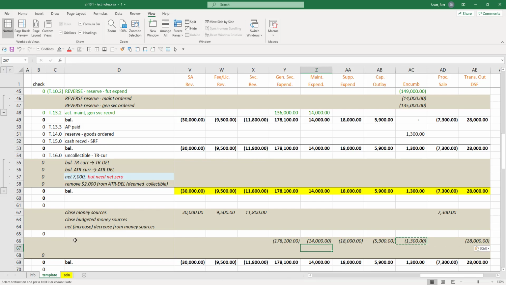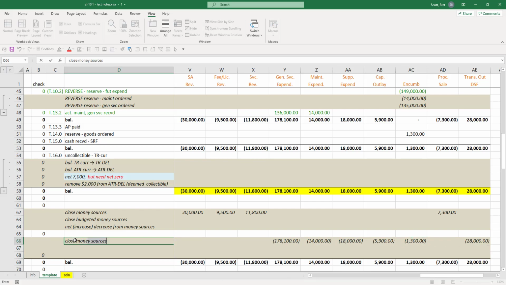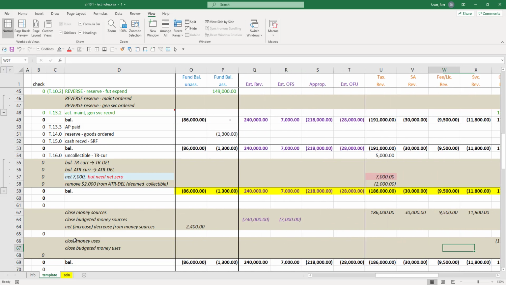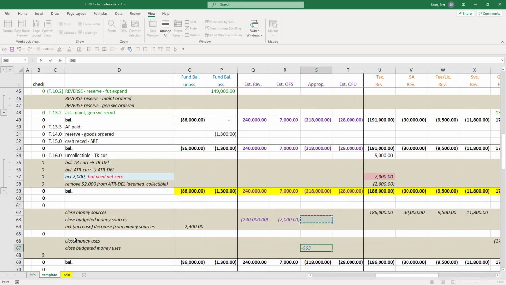So we're going to close money uses. And then guess what we're going to do next? Close budgeted money uses. So go over to the budgeted column and get rid of these guys. And what does the net go to? It's going to go to the fund balance unassigned.